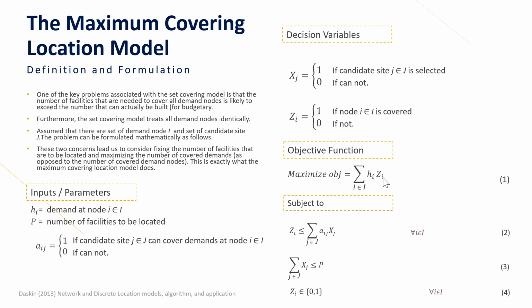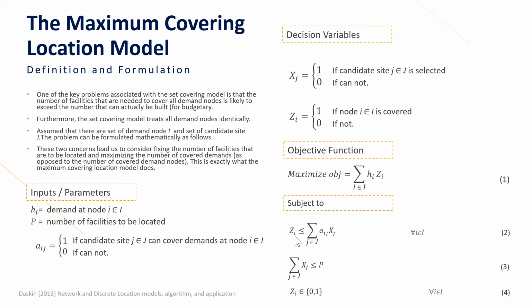And the decision whether it's covered or not is represented by Zi. Okay, Hi multiplied by Zi means that maximum demand is being covered. And I think I already mentioned this one, Zi less than or equal to the sum of AijXj.